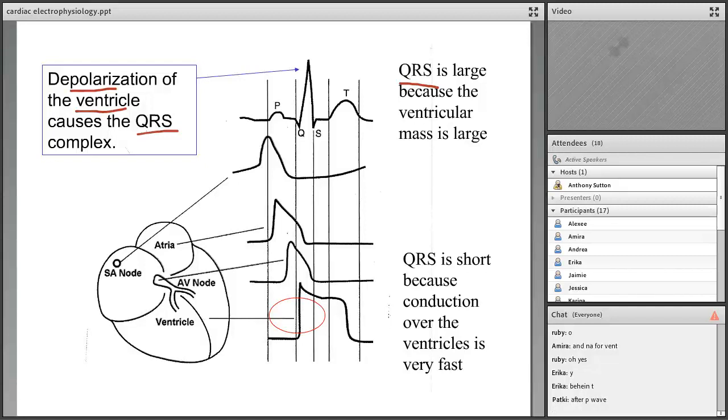You can't see it because it's hidden in the QRS complex. So atrial repolarization happens during the QRS complex, but the QRS complex is specifically for ventricle depolarization. Your atrial repolarization is hidden in that. Does that make sense?